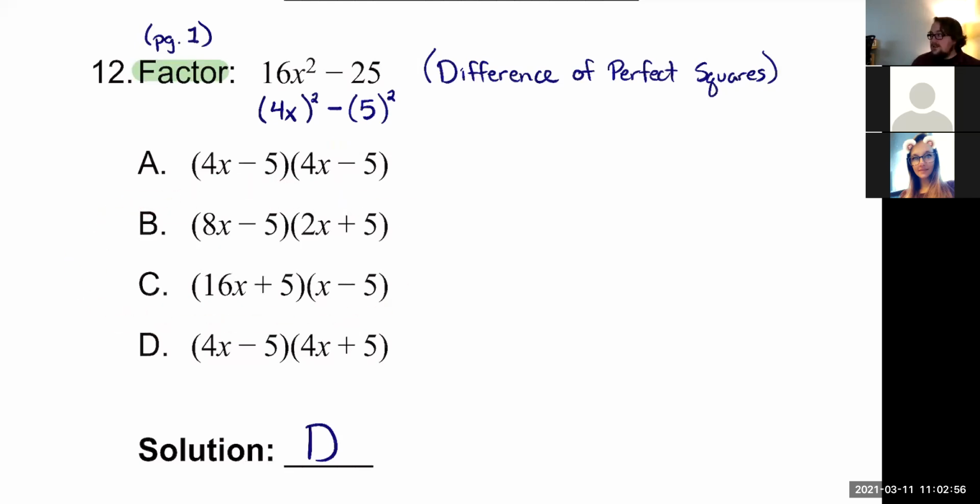Hopefully we can clearly see that if you recognize that they're perfect squares and you identify the 4x and the 5, B and C should not make sense at all at that point. But again, that's assuming that you recognize difference of perfect squares, which I'm trying to give you all the clues now so that on test time, you're like, aha, got it.